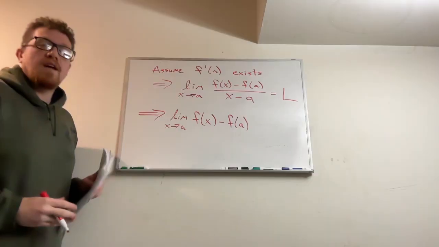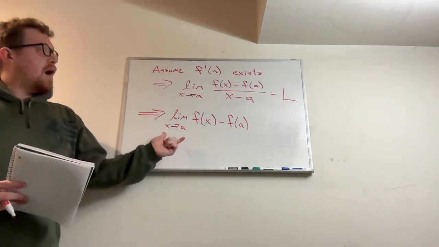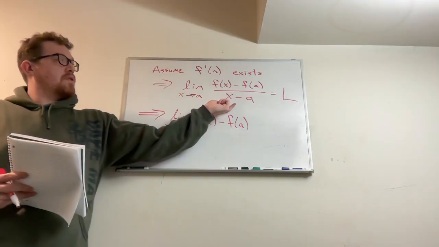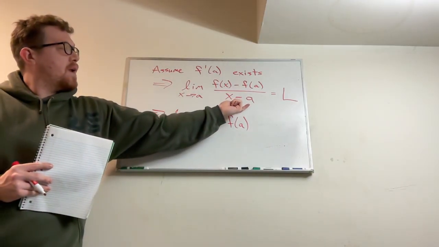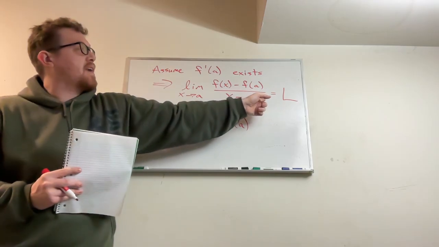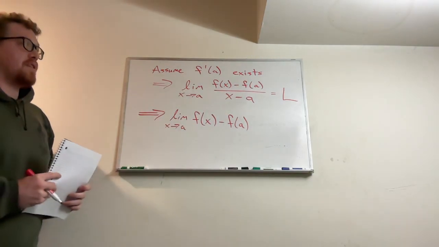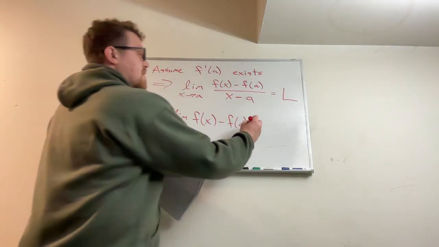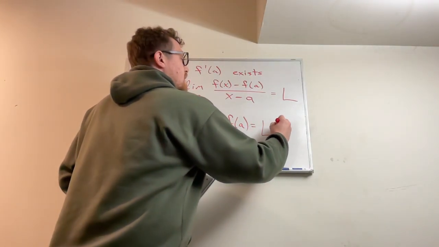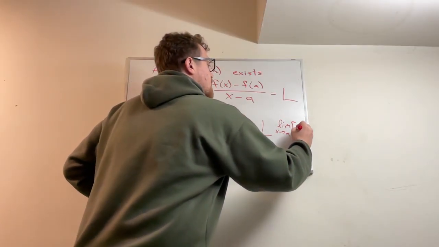So basically, I'm going to multiply both sides by x minus a, and we're going to use the product rule for limits to say that when I multiply x minus a over here, I can actually break it into a limit and move that limit to the other side. So here, this is basically equal to L times the limit as x goes to a of x minus a.